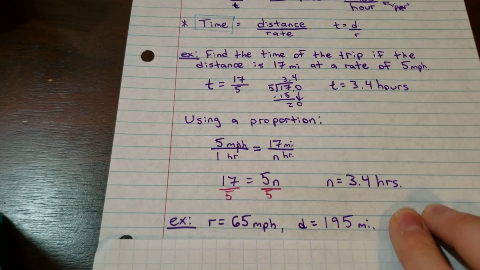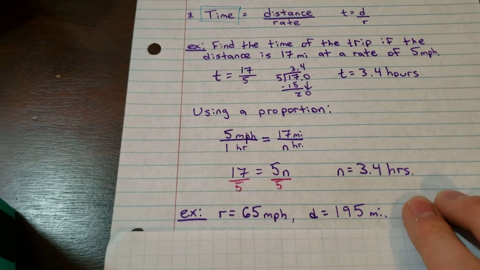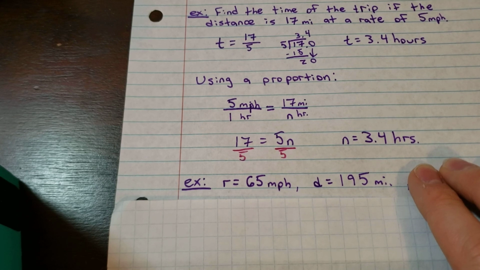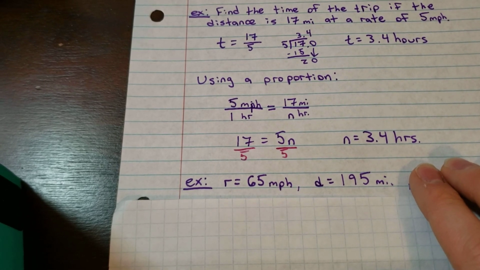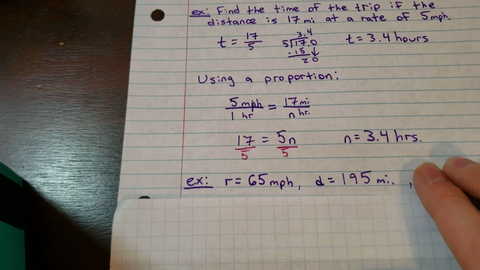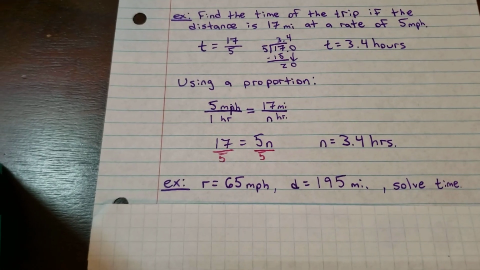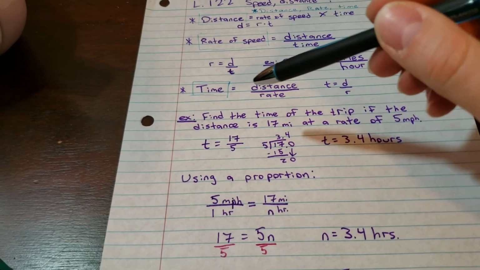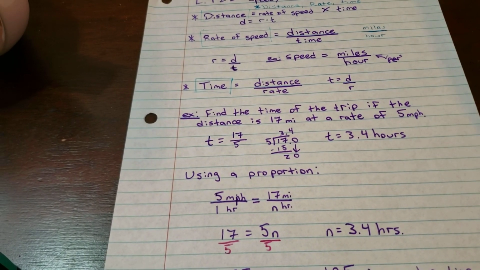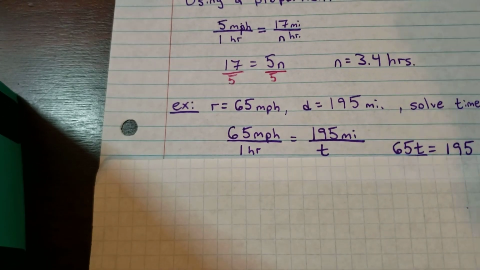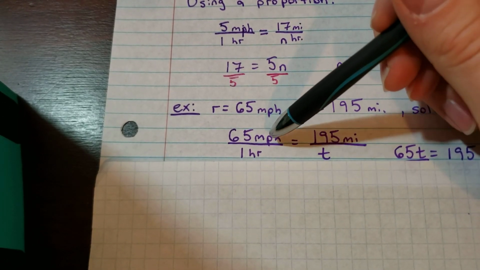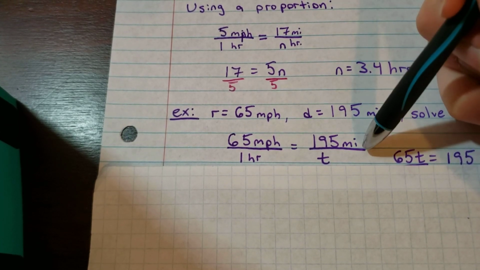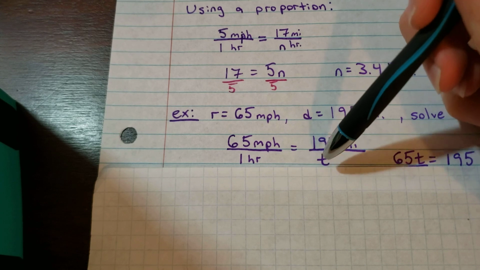There's going to be a lot of examples where we're just given two of the variables. This one we have rate and distance. But what are we looking for? Well, we're looking for time. So we're going to solve for time. How do we solve for time? Well, time equals distance divided by rate. Here I set up a proportion, 65 miles per hour over 1 hour equals 195 miles over time.